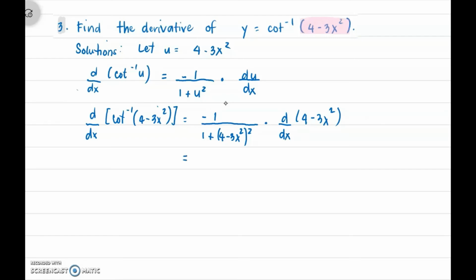Now we have negative 1 over 1 plus 4 minus 3x squared squared, which is equal to 16 minus 24x squared plus 9x raised to 4, times the derivative of u.